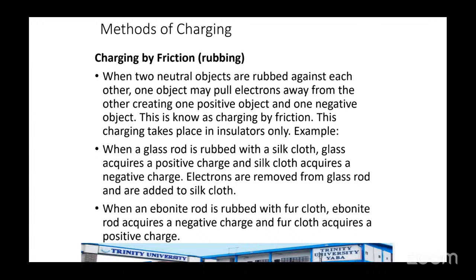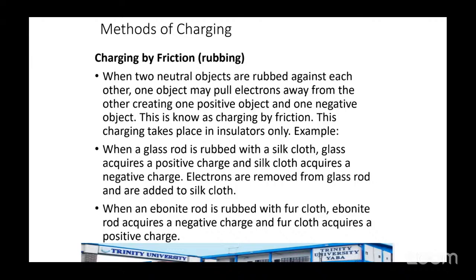So in this example, glass is losing electrons and silk is gaining electrons. And when you take the conservation of charges, the amount of electrons lost by glass is the amount of electrons gained by silk.